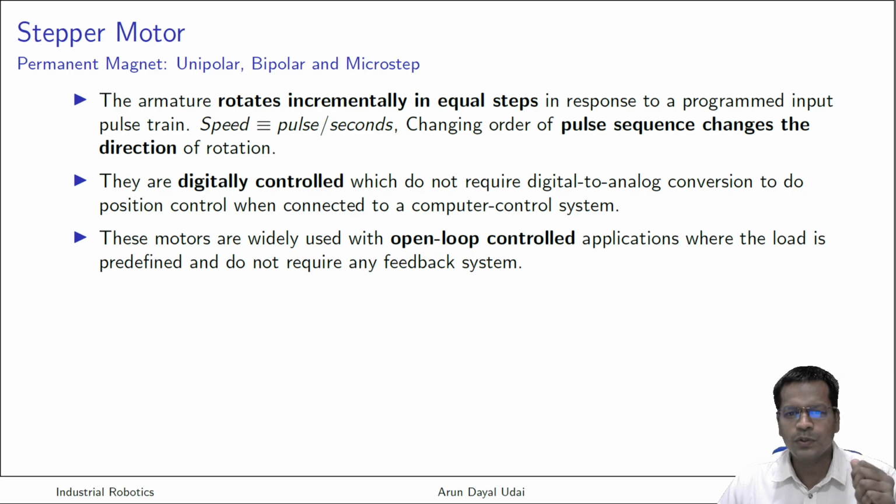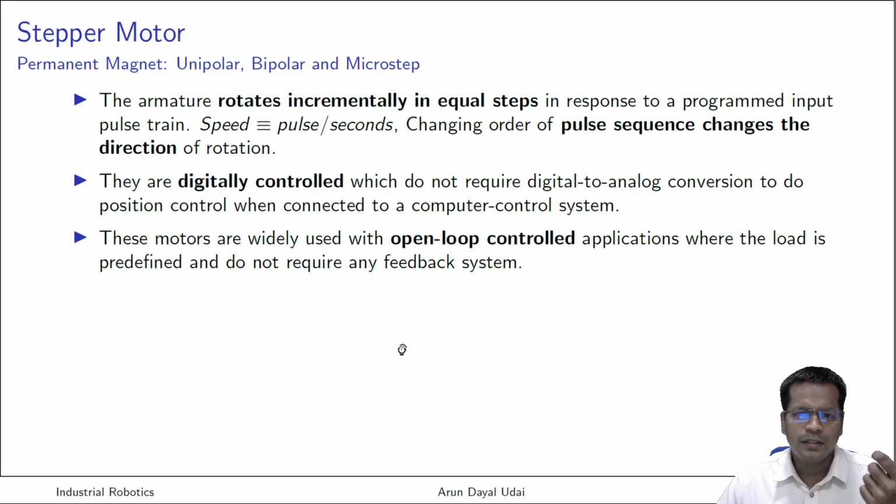Okay, these motors are used in open loop control application when load is predefined and do not require any feedback system. That is the reason they are very simple in nature. Okay, the system which drives this type of application means that is very simple, because there is no feedback circuitry in that.